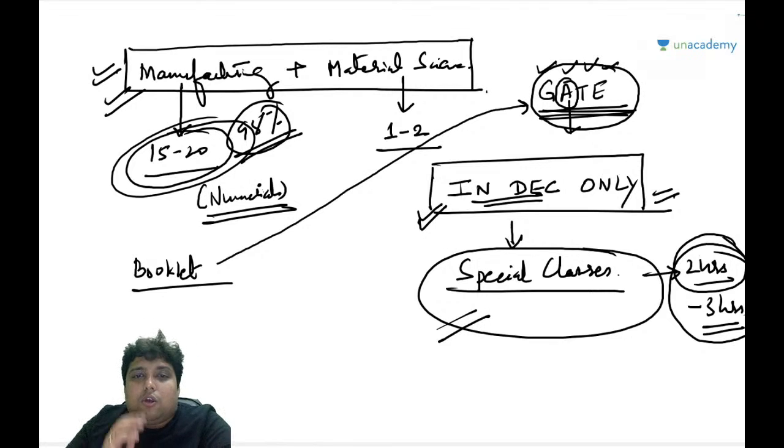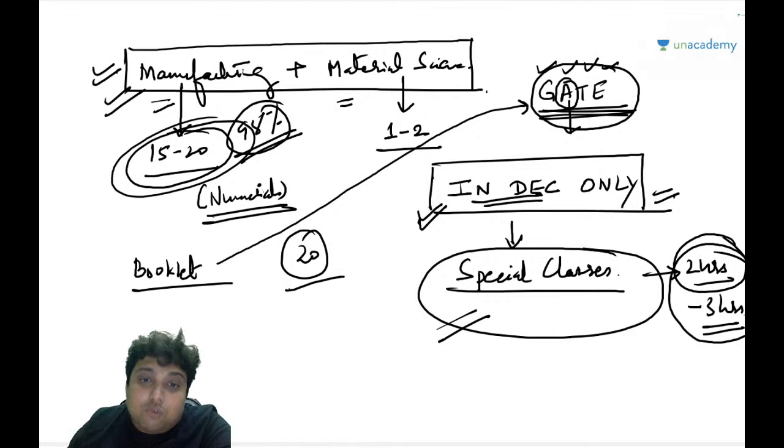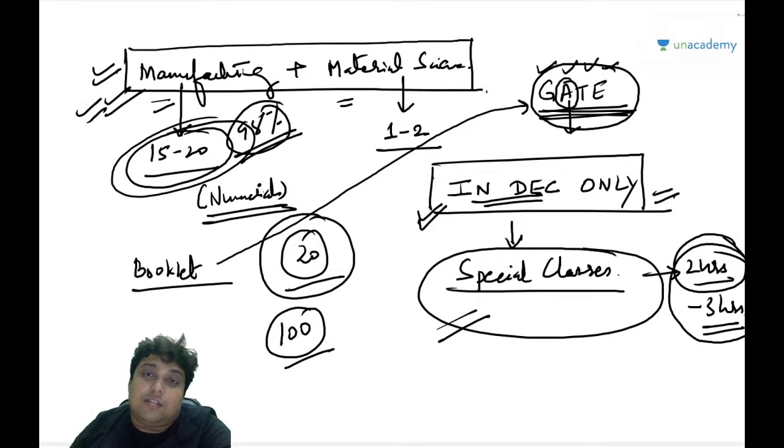Okay. So guys, this series is going to be very beneficial for each and every one of you. The number one reason, from manufacturing alone and material science, you can score about 20 marks. So guys, remember, in an examination of 100 marks, if 20 marks can come from one subject, that is a huge advantage.